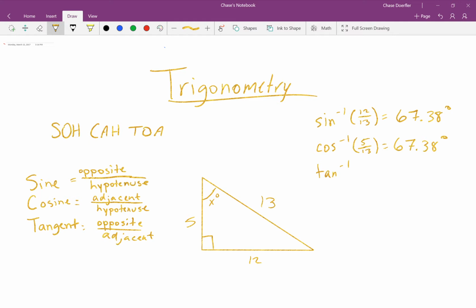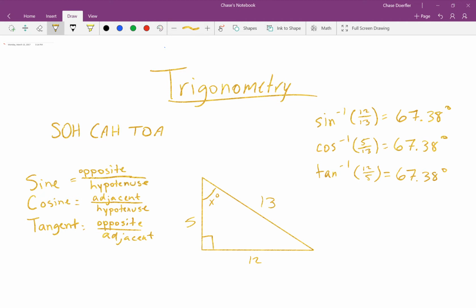And then tangent -1, which would be opposite over adjacent, so tan -1 of 12 over 5 would be equal to, and we'll do a quick check, 12 divided by 5 is equal to 2.4, then tan -1, and we will also get 67.38 degrees.